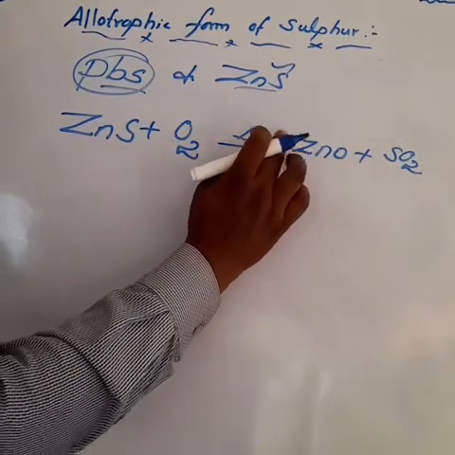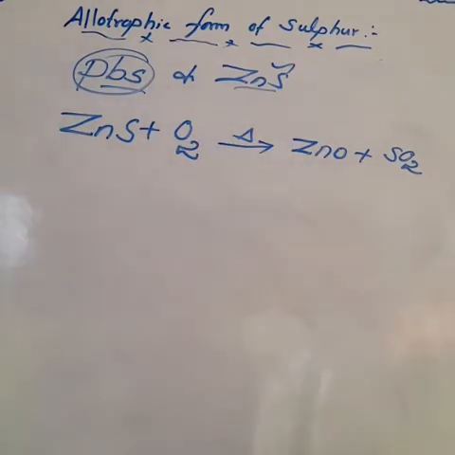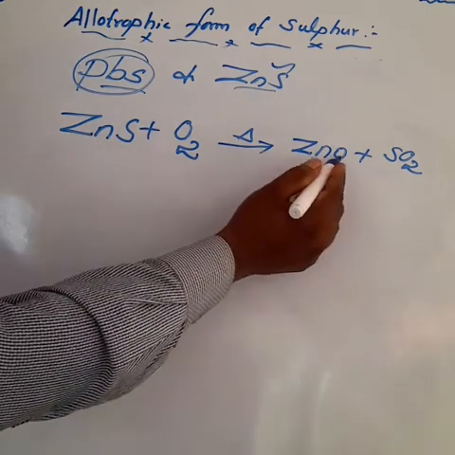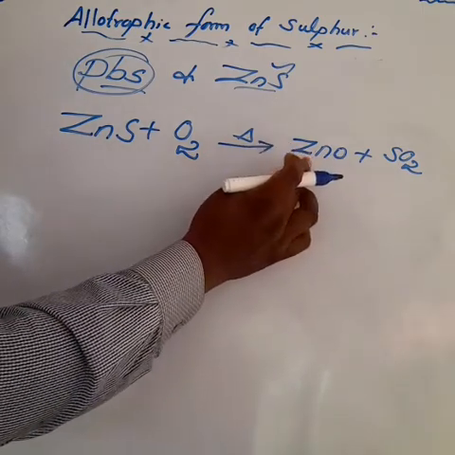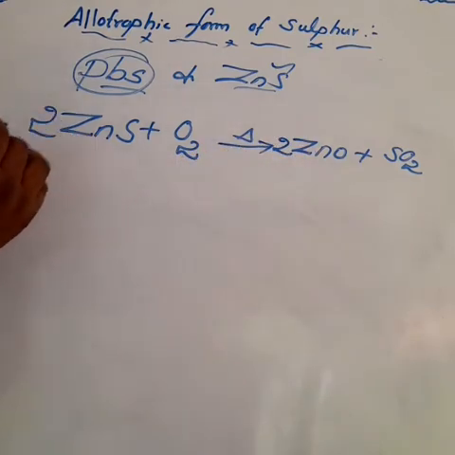So how can we balance the equation? That's the easiest way. First you make the product side: how much zinc oxide is there? Only one. So make it 2 ZnO. So the reactant side make it 2 ZnS. So zinc is balanced.